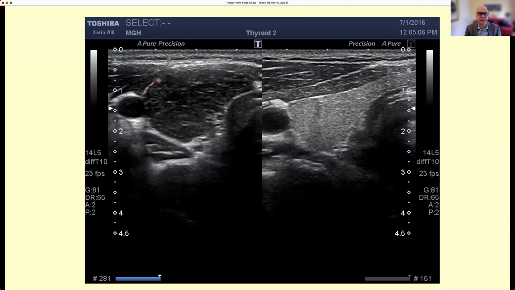You see that kind of curvilinear profile. It gives you the idea of being globoid. But the most important thing is that it is much darker than this. It is as dark as the muscles. This indicates that the normal follicular structures have been replaced by something else. In this particular case, it is lymphocytes.